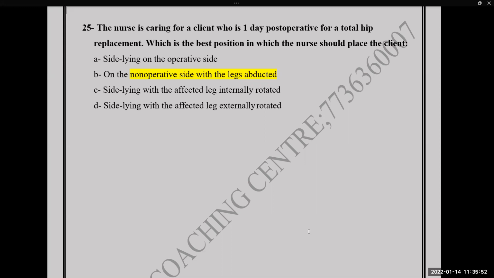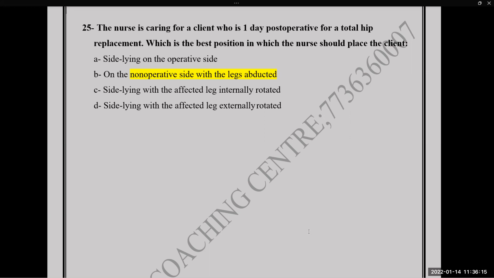So here the wrong answers are leg internally rotated and leg externally rotated. And you are not supposed to lie down on the operated side. So post hip surgery, you have to immobilize the patient's leg and keep the leg abducted.